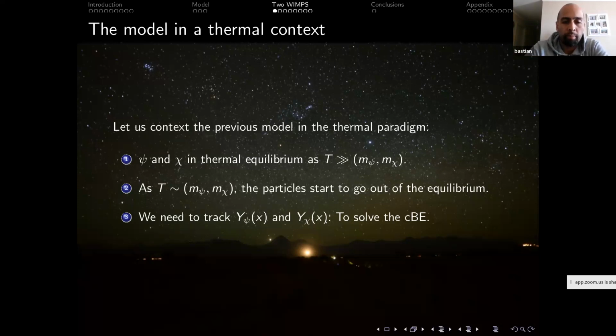But when the temperature in the universe starts to reach their masses, after some time they go out of equilibrium. But in order to understand the abundances after all this process, you need to solve the Boltzmann equation for each particle. So next slide, please.